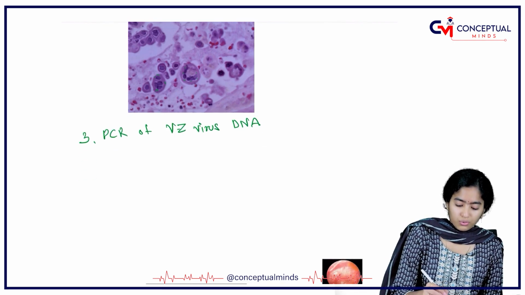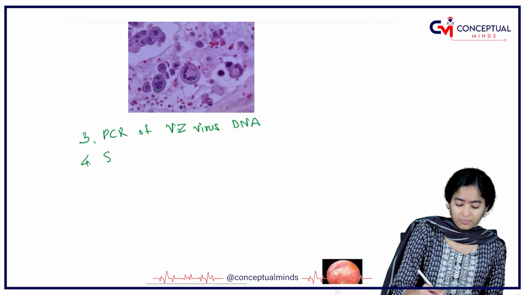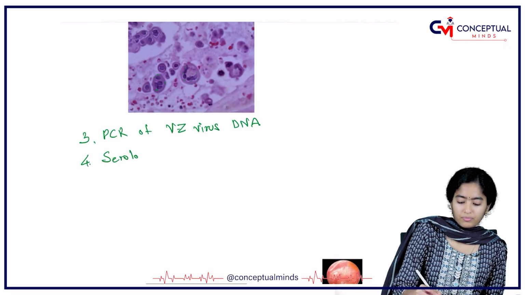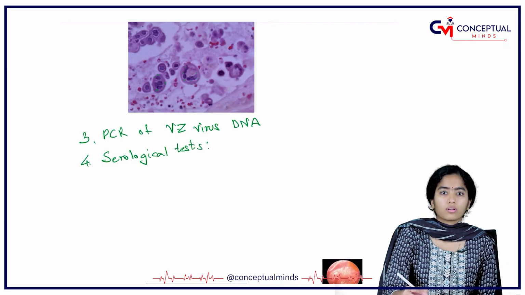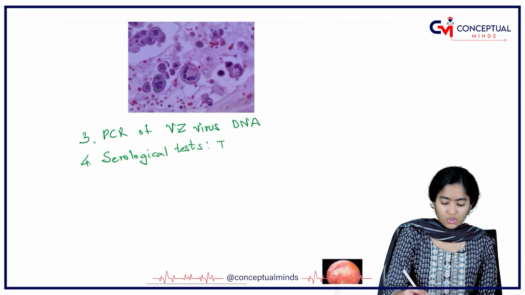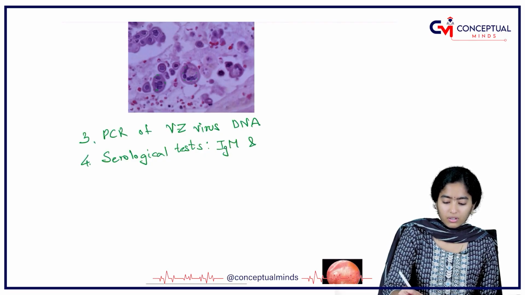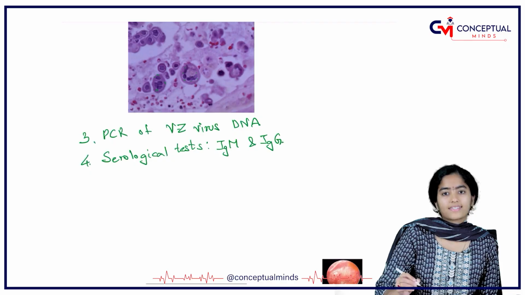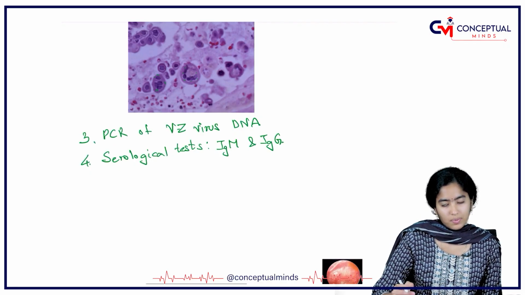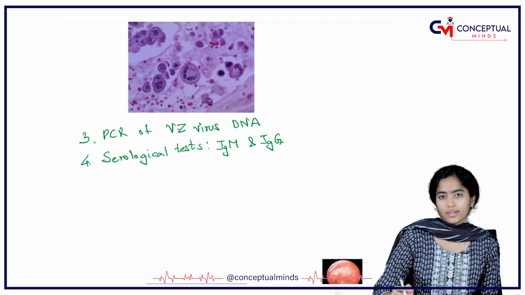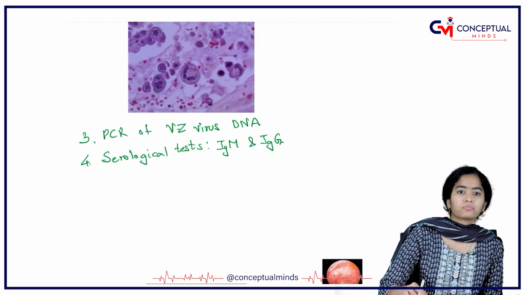And we can also do serological tests. IgM and IgG antibodies can be assessed, and it shows whether the infection is active or passive immunity is present, and it can be used to diagnose herpes zoster infection.